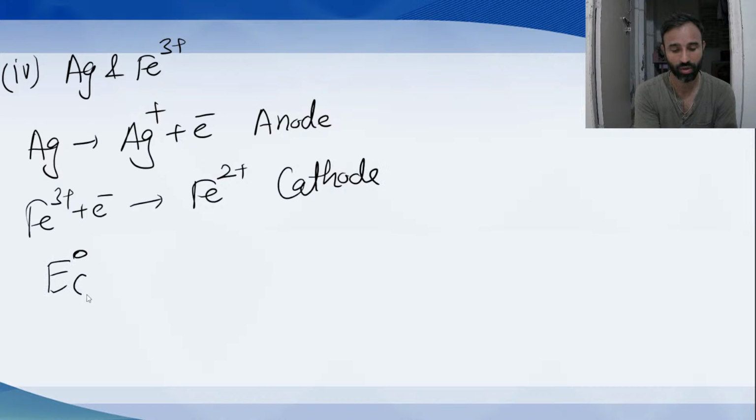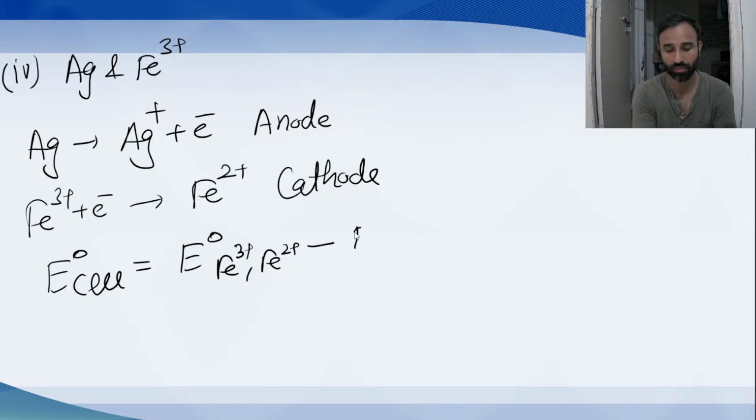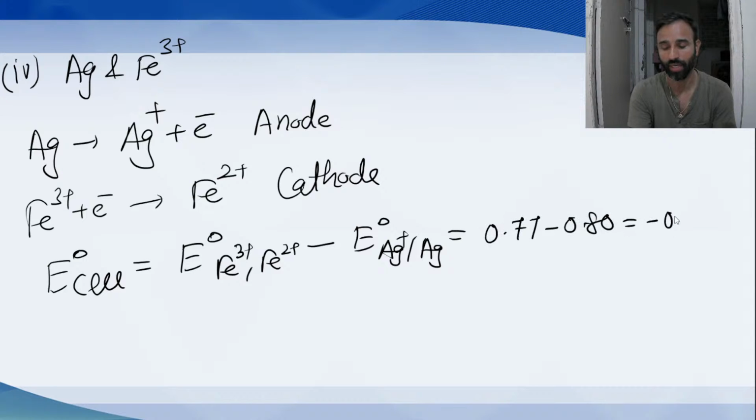So what is E° cell? E° cell is E° Fe3+/Fe2+ minus E° Ag+/Ag, 0.77 minus 0.80, which is minus 0.03 volt.